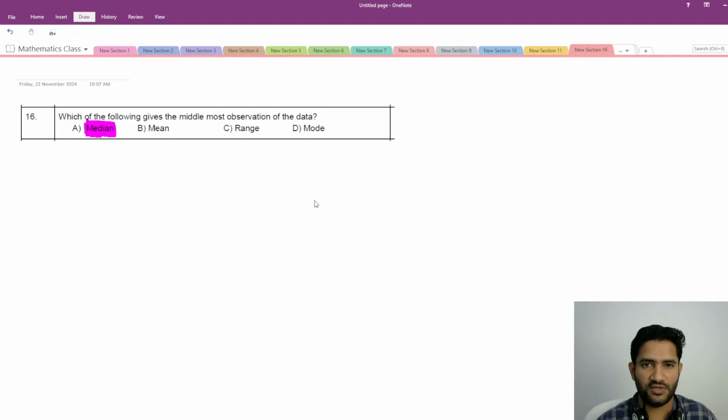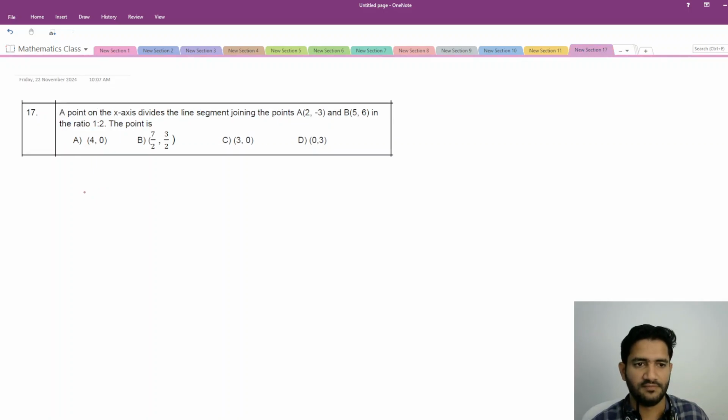Then we consider the middle values. If there are two middle values, we find the average of these two. So in any way, we are finding the middlemost observation. So median is the answer, without any doubt.